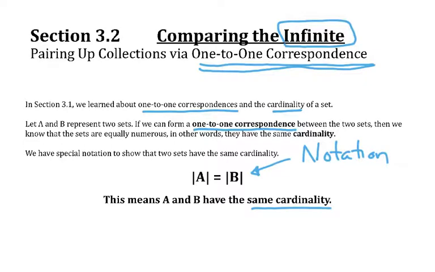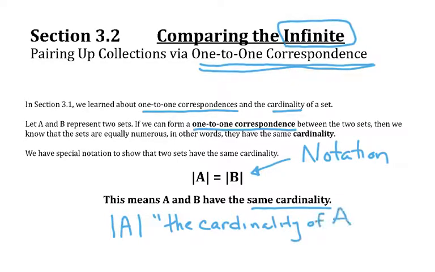If I put the set A inside these bars that looks like an absolute value sign, this means the cardinality of the set A. And when I write equals between two sets like this, it means A and B have the same cardinality.